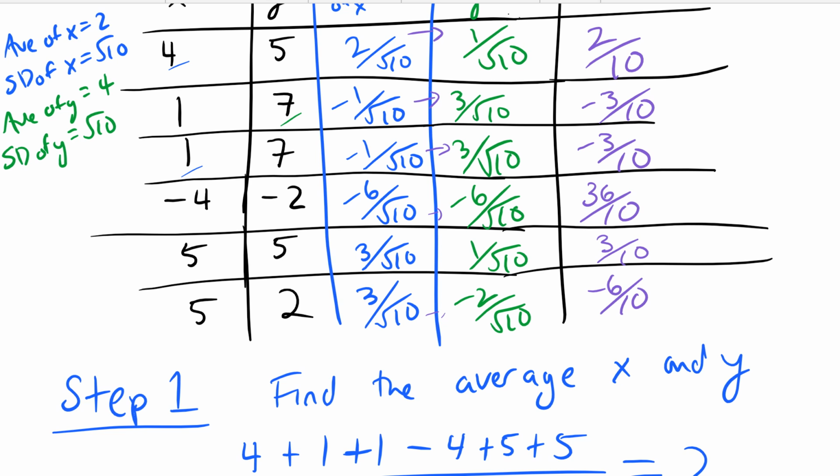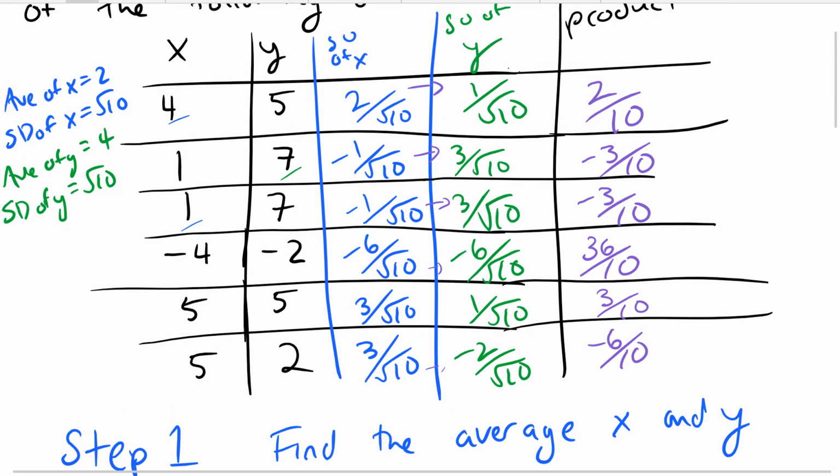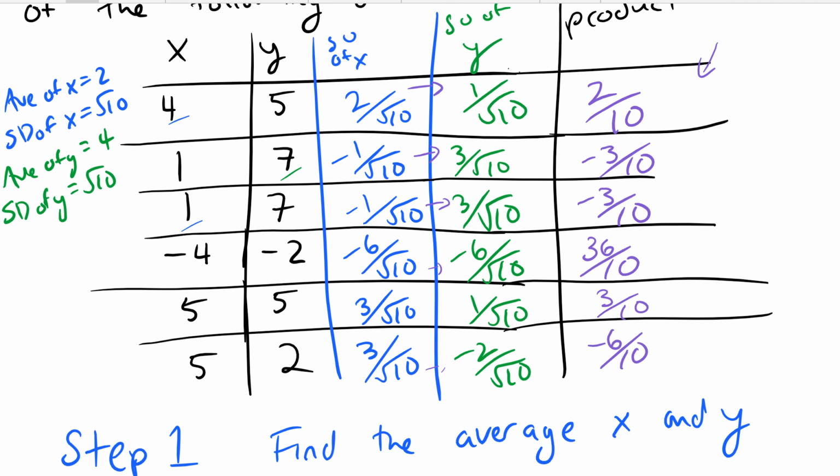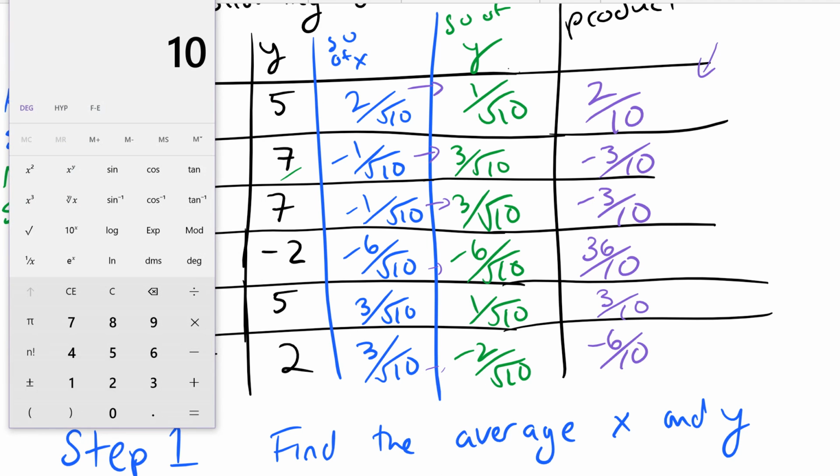Then we're going to take this list, the list from the product column, add them all up and divide by 6. That will give us the average. The average of this column is the correlation coefficient. So to add the fractions, because they are all over 10, we can simply add the numerators.